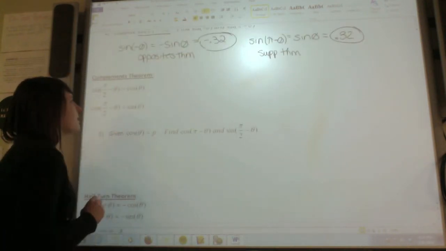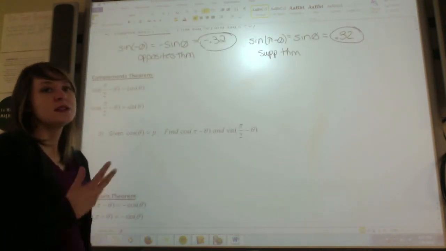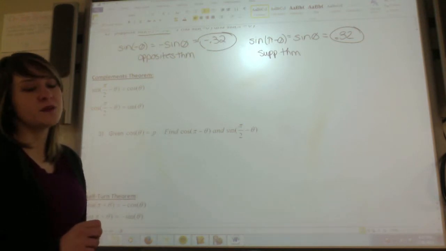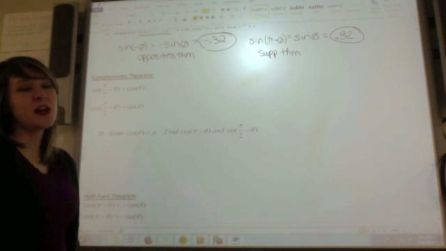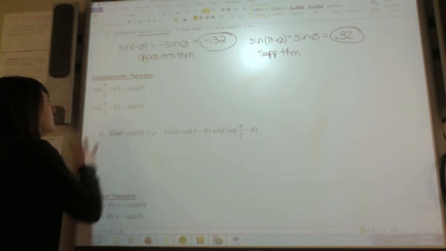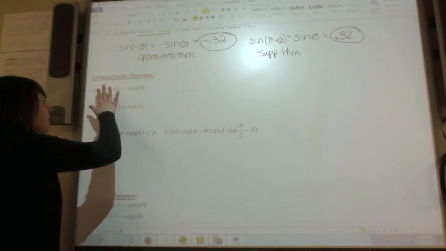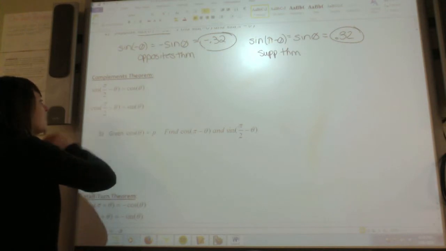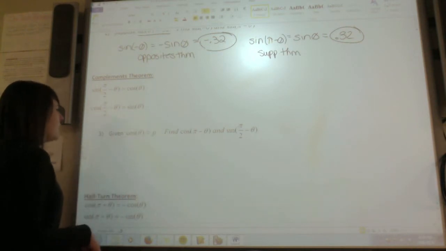Next up, I've got the complements theorem. Supplementary angles are two angles that add up to 180, whereas complementary angles add up to 90. That's why I've got pi over 2 minus theta. Basically, this is saying the complement of the sine is the cosine, and the complement of the cosine is the sine.